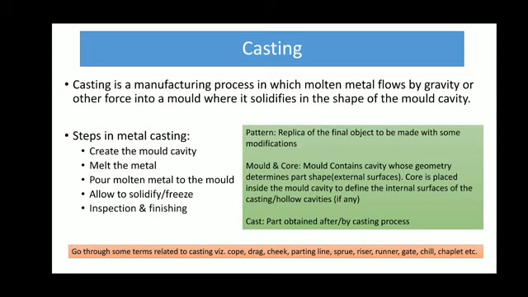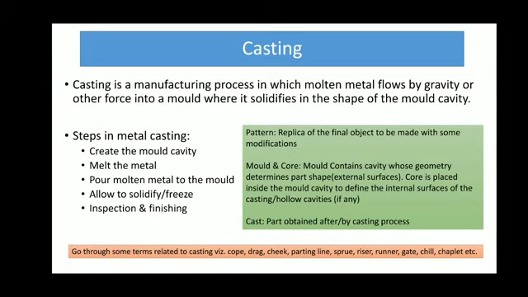So what is basically casting? Casting is a manufacturing process in which we work with molten metals. Whatever metal we have, we melt it and work with that molten version of the metal.